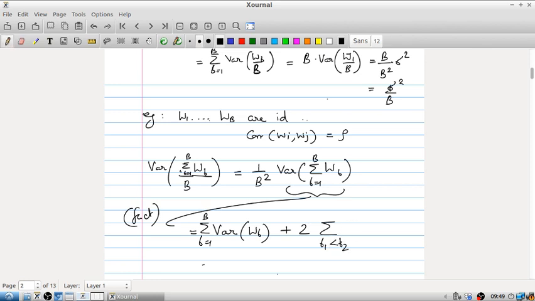Let me actually explicitly write it: b1 equal to 1 to B, sum over b2 equal to 1 to b1 of the covariance of w_b1, w_b2.